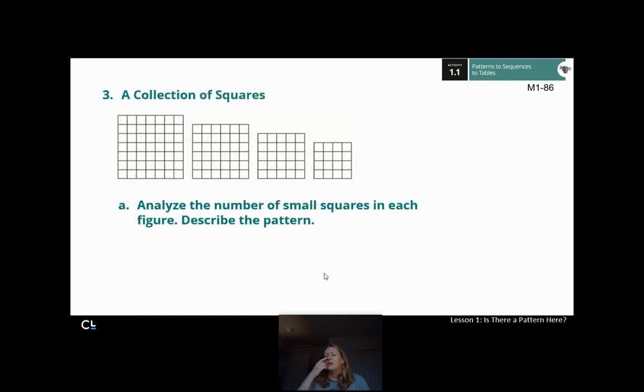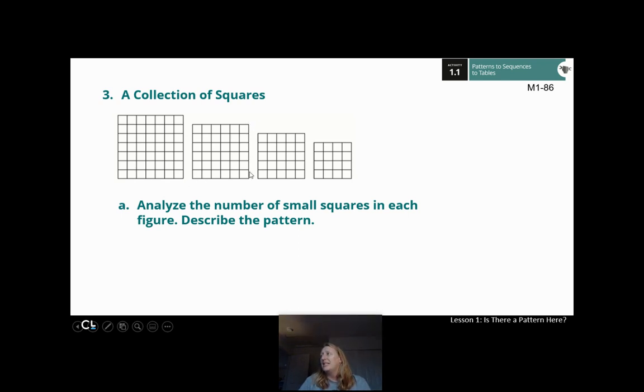Next up, we've got a collection of squares. So I want you to analyze the number of small squares in each figure and describe the pattern. Well, when I did this one, I noticed I had 1, 2, 3, 4, 5, 6, 7, and 1, 2, 3, 4, 5, 6, 7. So 7 by 7, which is 49.